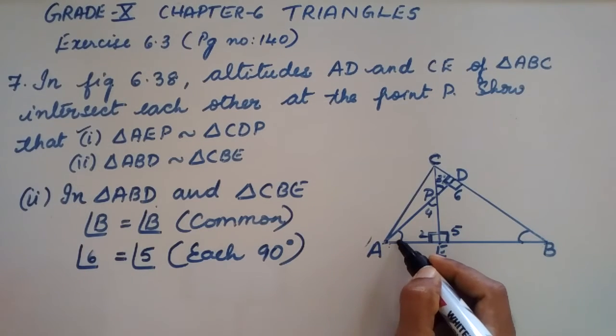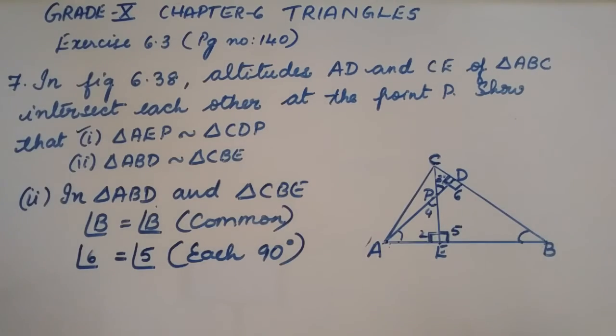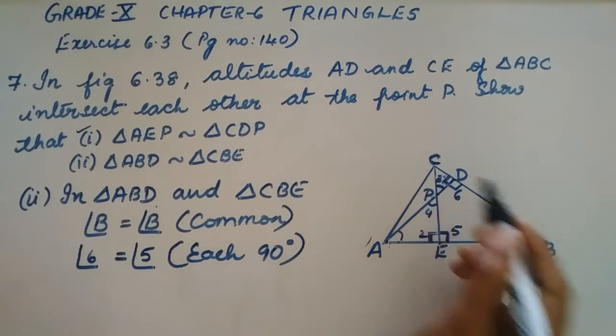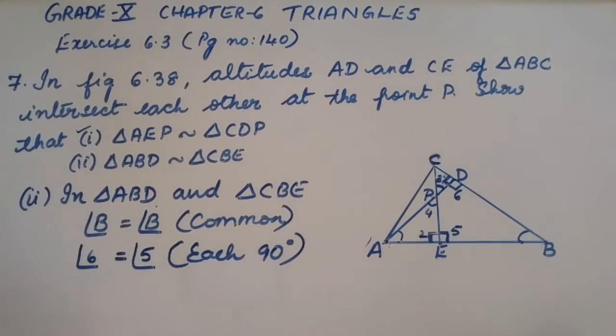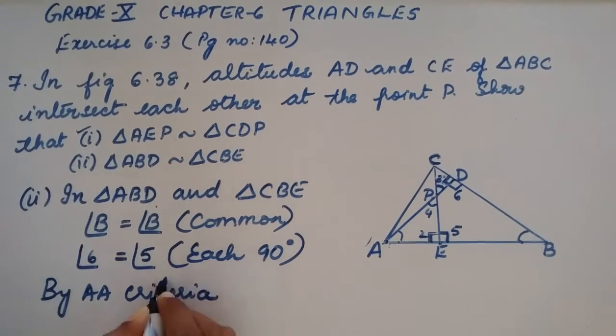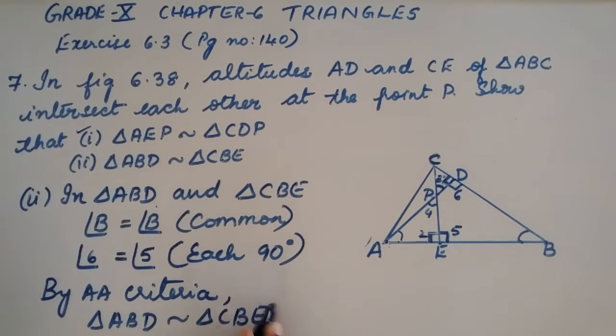So this angle will be equal to the angle C of triangle CBE, that is the third angle. So again, by angle criteria, we say that triangle ABD is similar to triangle CBE.